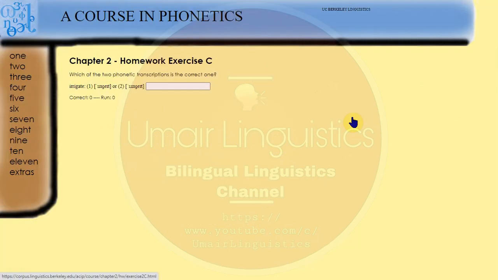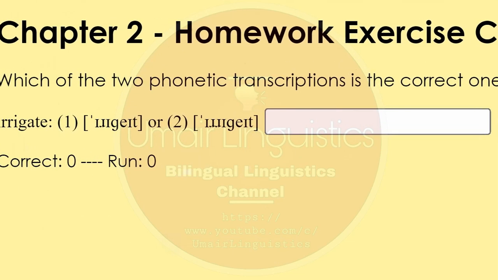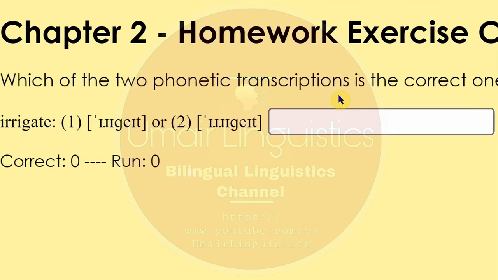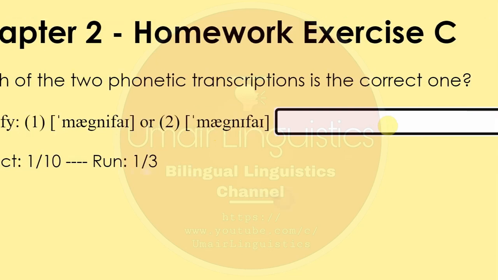So click on the online button, and here we are going to solve. Which of the two phonetic transcriptions is the correct one? Irrigate and irrigate. The problem is that in the second option there are two R, and there is no reason for that, it is irrigate. So just write 1 and it will be correct in this way.